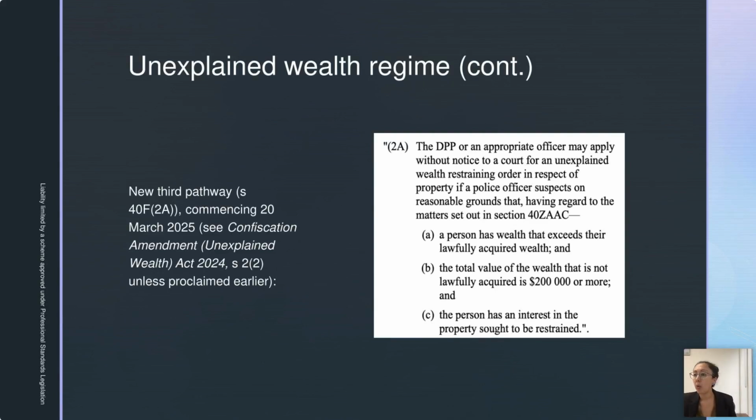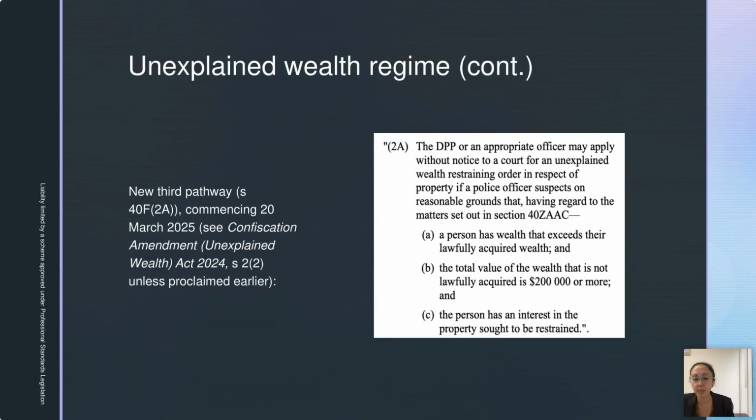And a way to describe what this is is an expansion on the unexplained wealth regime. Essentially, it is the restraint and forfeiture by an unexplained wealth order of property where a person's total wealth exceeds by more than $200,000 their lawfully acquired wealth.